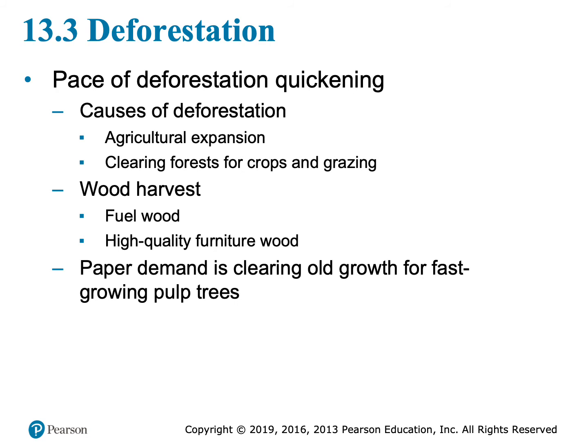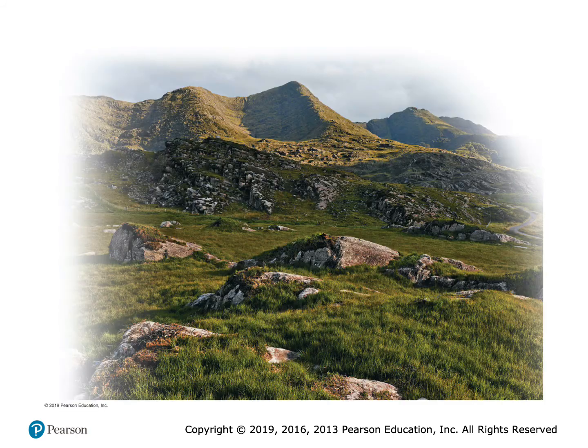More than 90% of the fuel wood is consumed in underdeveloped countries where wood is the most important source of energy for heating and cooking. So most of deforestation will be caused by wood harvesting. And then we'll get to road and urban development on the next slide. Paper demand is also clearing old growth for fast-growing pulp trees.